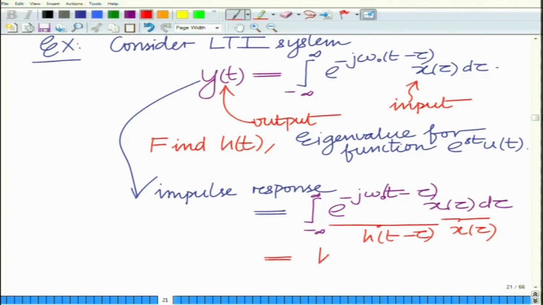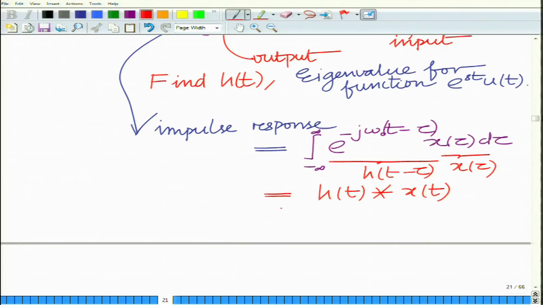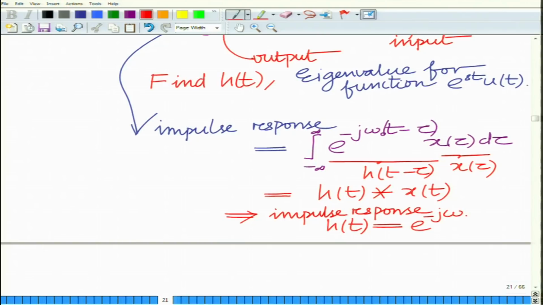So, this is basically h of t convolved with x of t, which implies that the impulse response of this system is e to the power of minus j omega naught t.